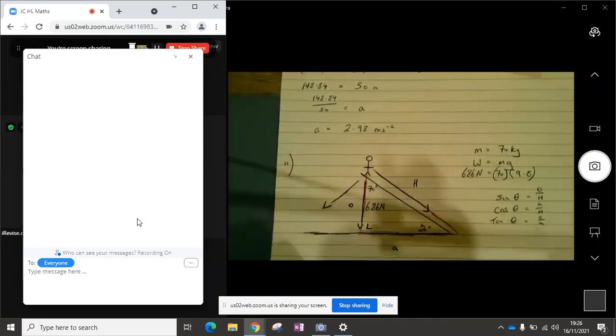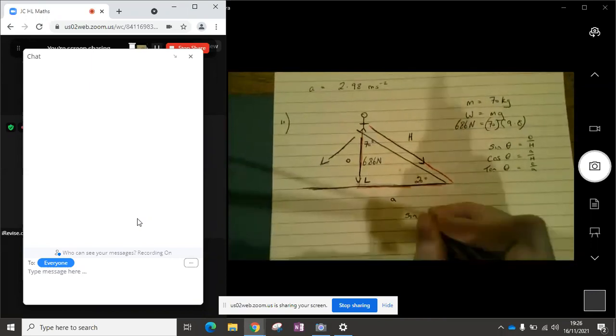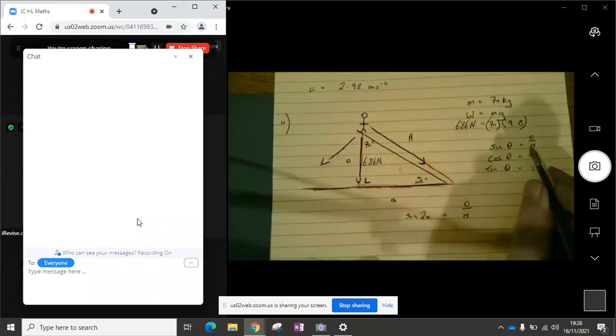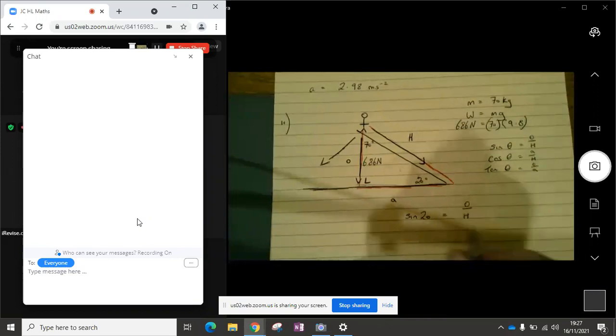Sine of 20 is equal to O over H. Oh, wait a second.